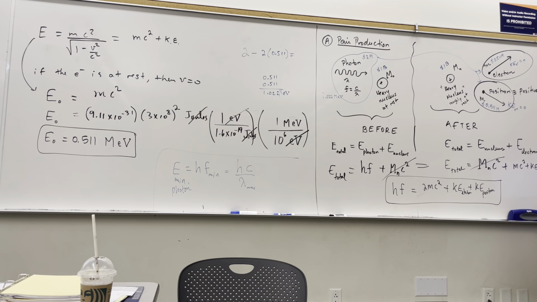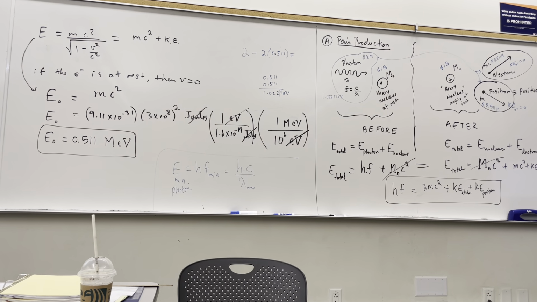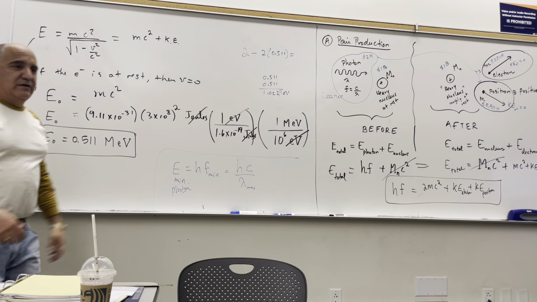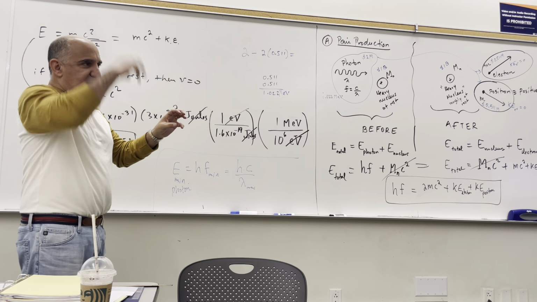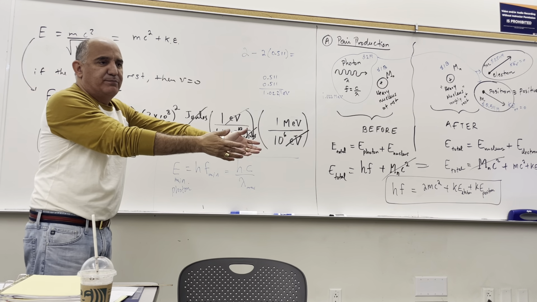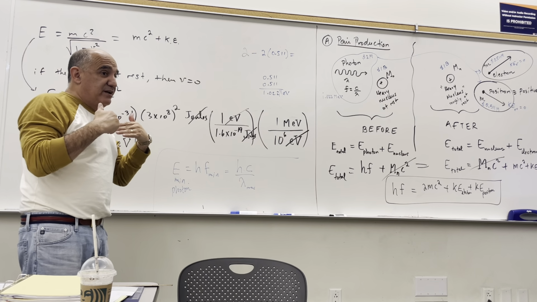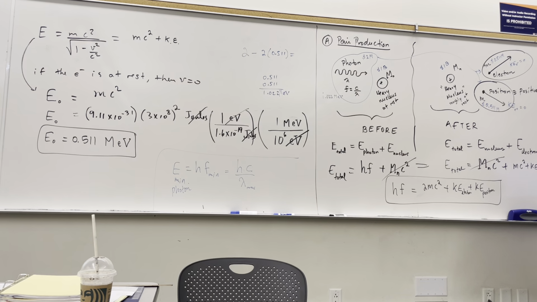How do you calculate the minimum energy that a photon needs to have to create a proton and an antiproton pair? Well, if it has a lot of energy, it'll make the pair, and any additional energy will go as kinetic energy of the particles. But I want the minimum energy, so it'll be just the energy necessary to make the pair of particles.